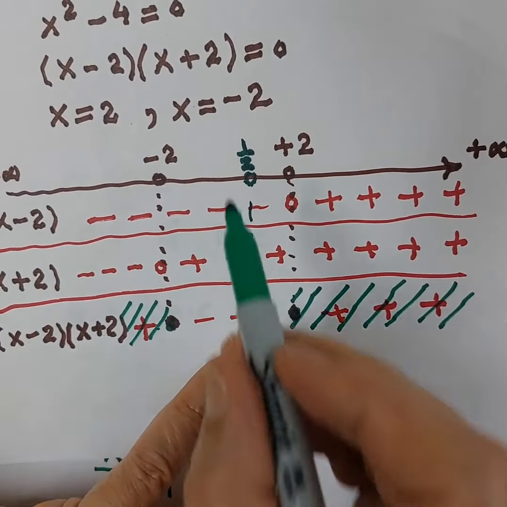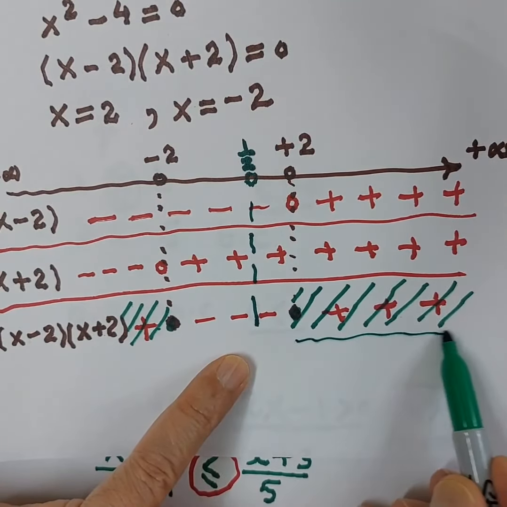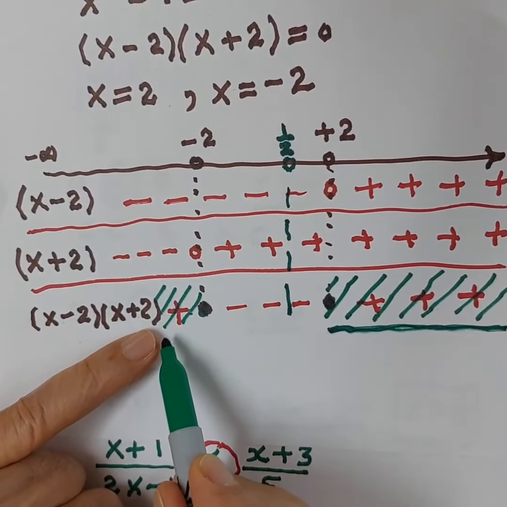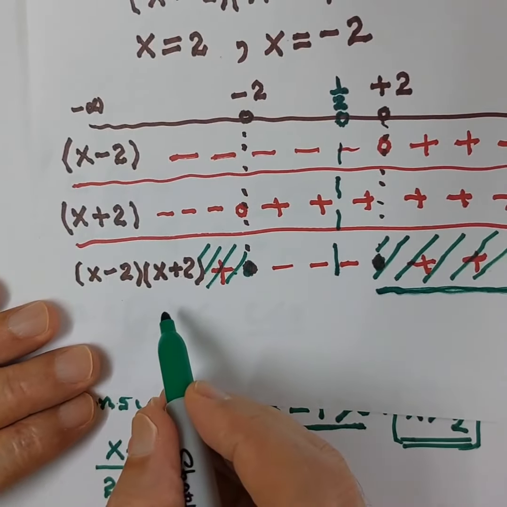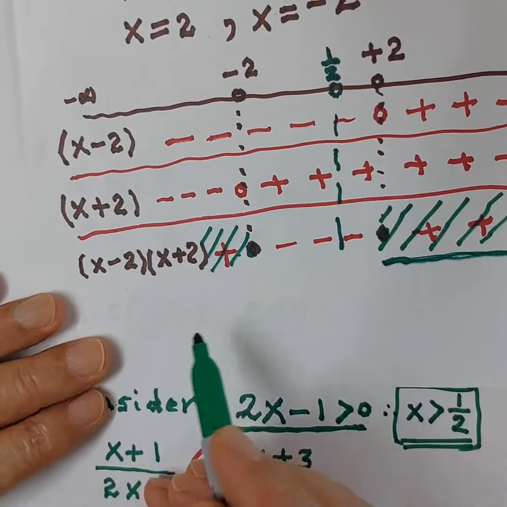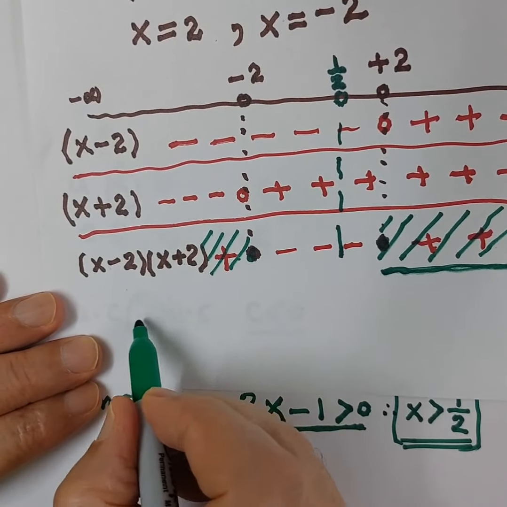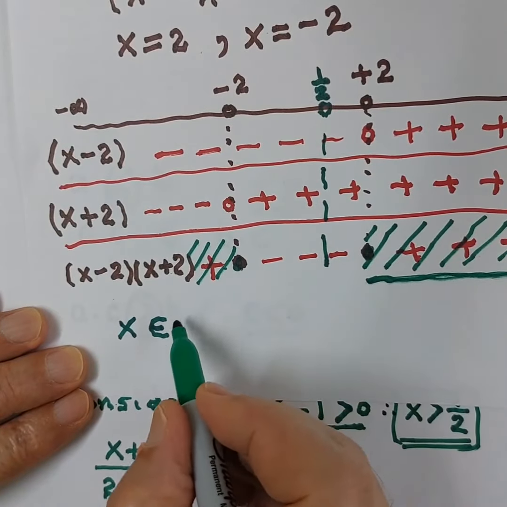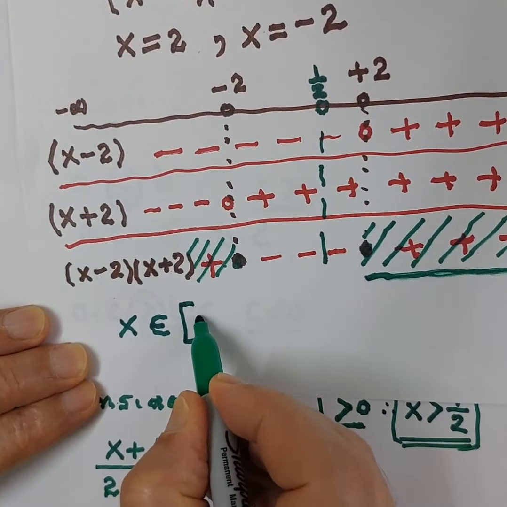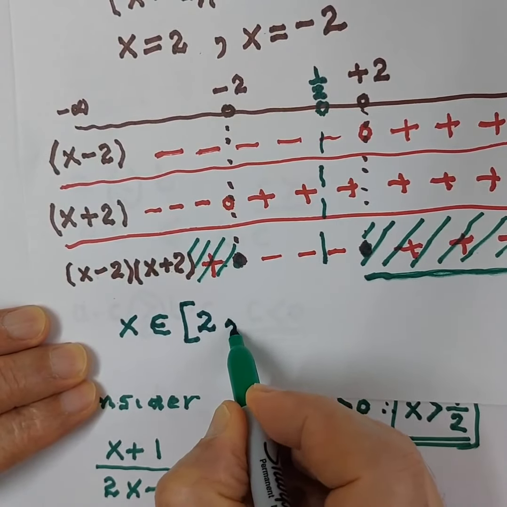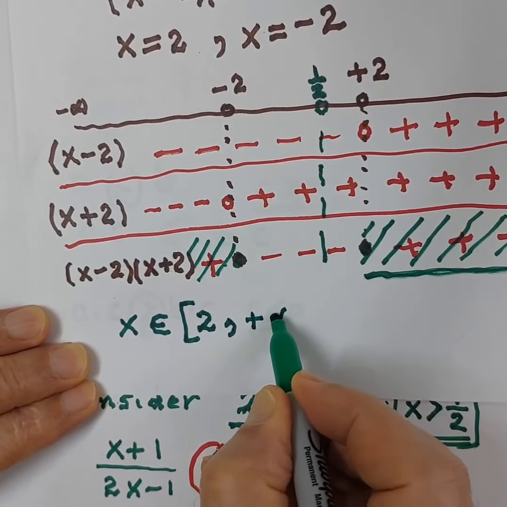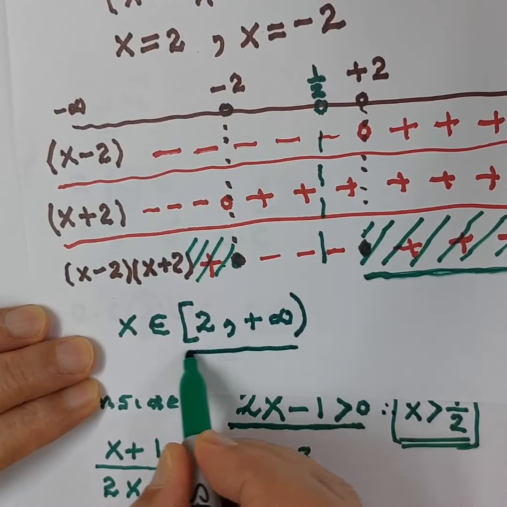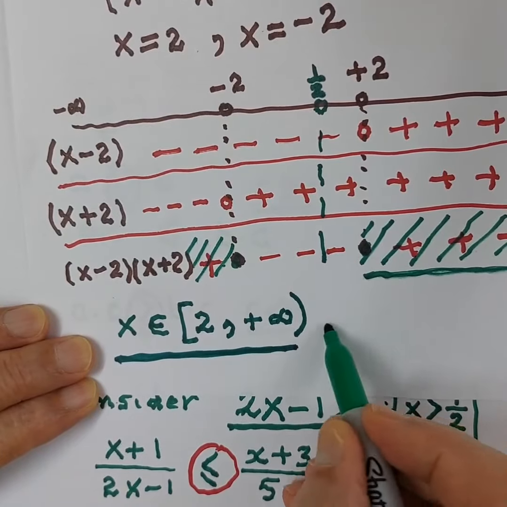The part which coincides with this condition is just this part. So we will ignore this part. So the final answer for this inequality in this case is x belongs to the interval from 2 to plus infinity. This is the answer for this case. This is case number 1.